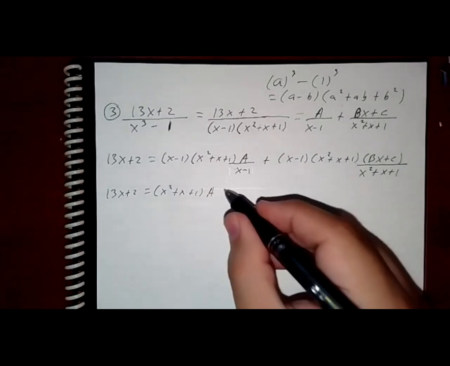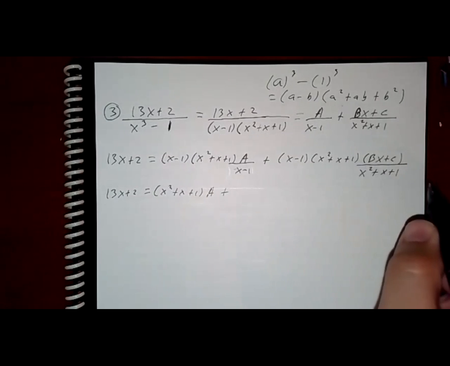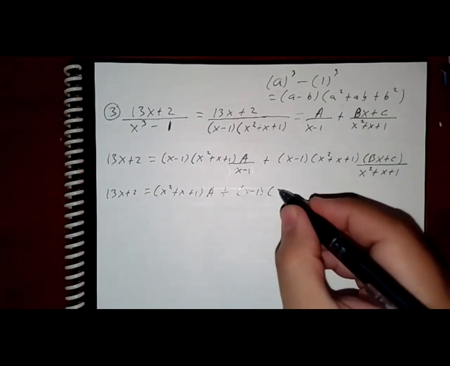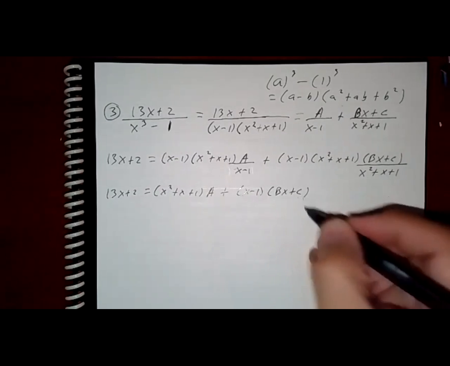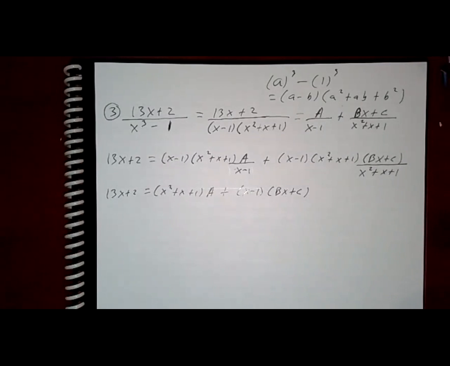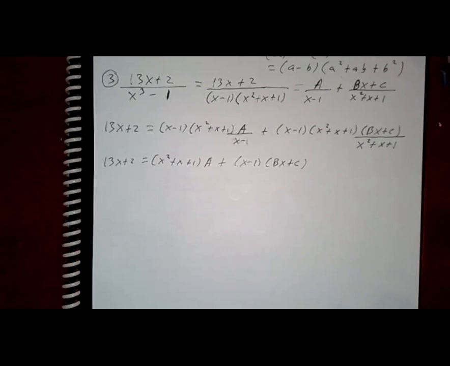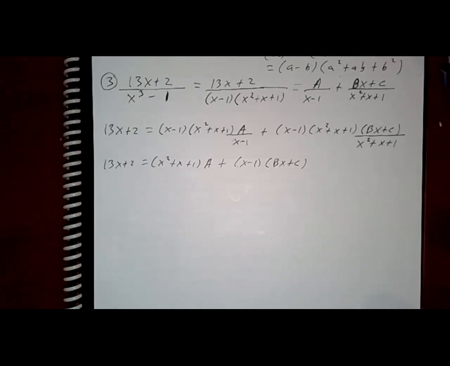The whole quadratic cancels, leaving me with x minus 1 times bx plus c. All right. So now just multiply everything out and group the things that have the same power, same degree.